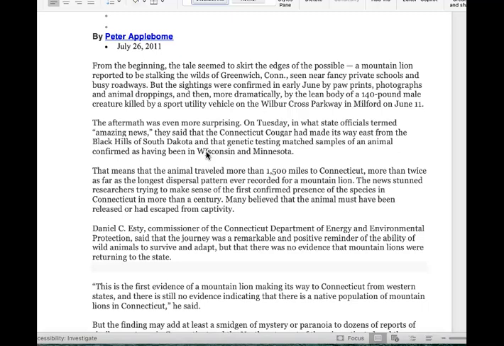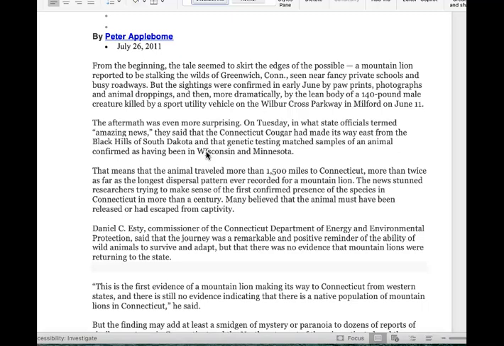But the sightings were confirmed in early June by paw prints, photographs, and animal droppings, and then, more dramatically, by the lean body of a 140-pound male creature killed by a sport utility vehicle on the Wilbur Cross Parkway in Milford on June 11th in 2011.